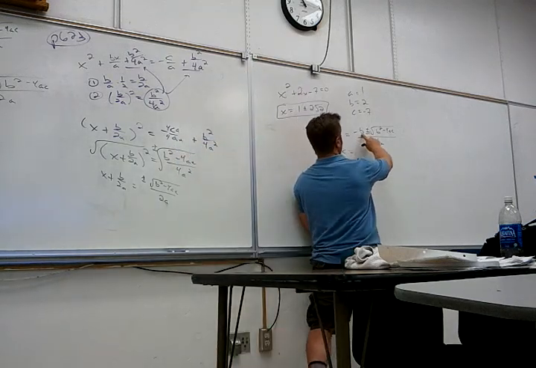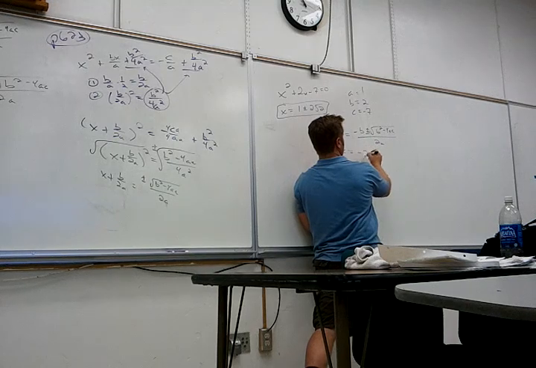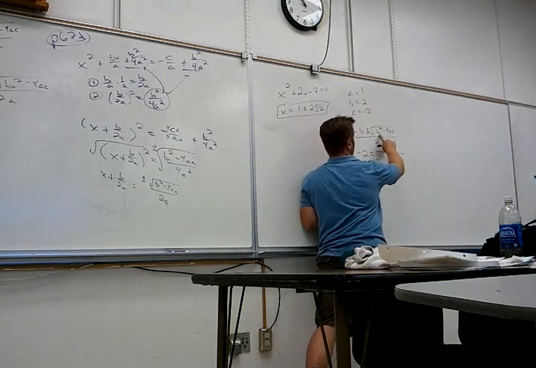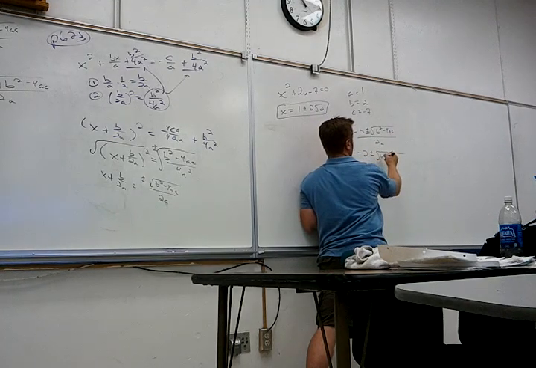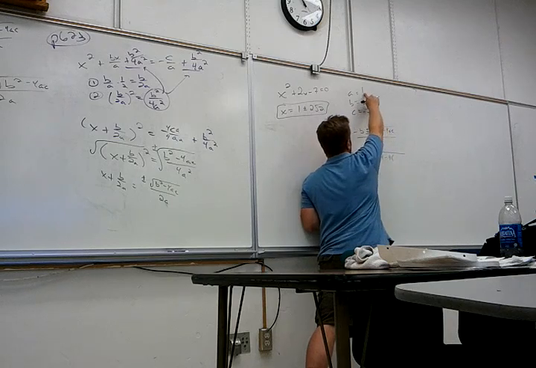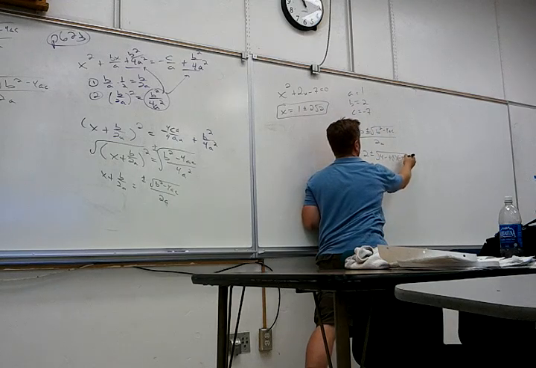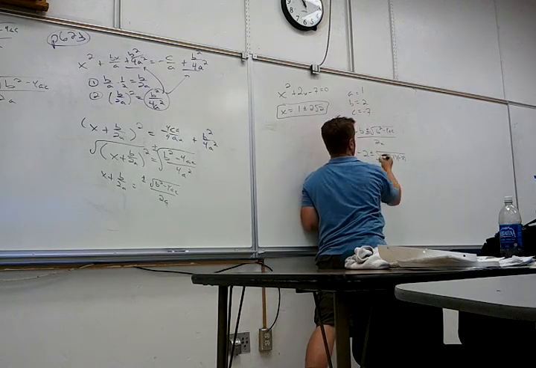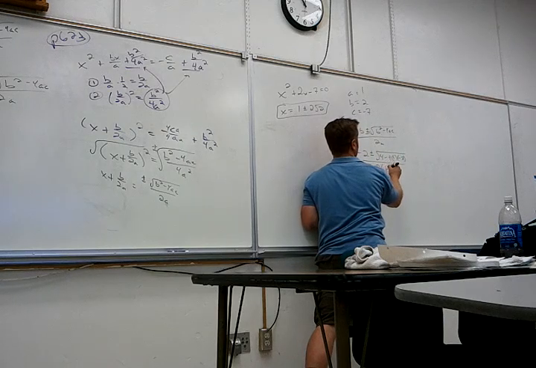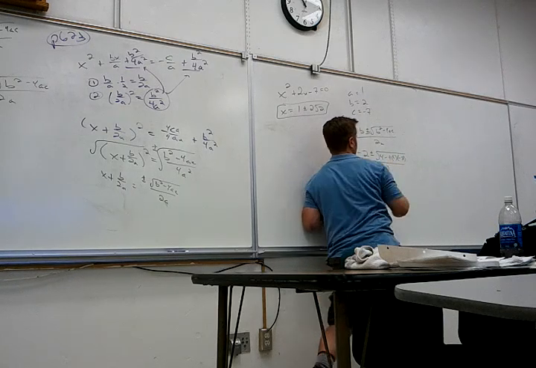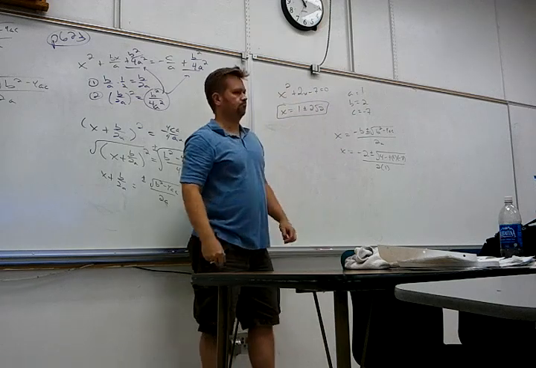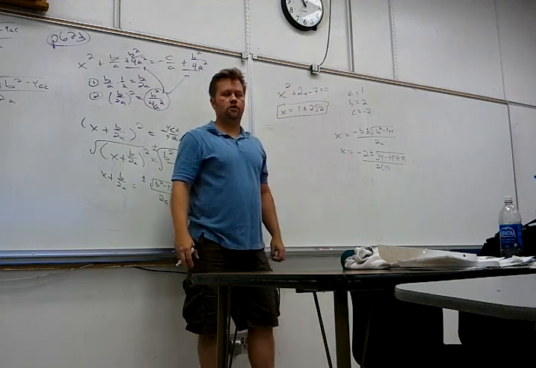So what do I get here? Negative 2 plus or minus the square root of 2 squared, 4, minus 4 times negative 7, all over twice 1, right? And you just gotta chug away.